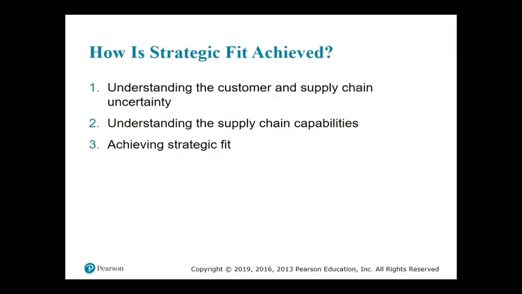So how do we achieve strategic fit? For one, we need to understand the customer and supply chain uncertainty, and we need to understand the capabilities of your supply chain, and then we can achieve strategic fit.